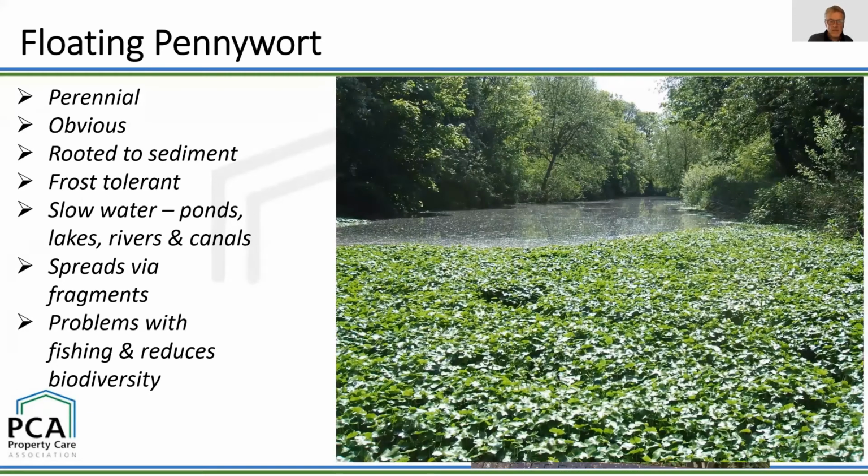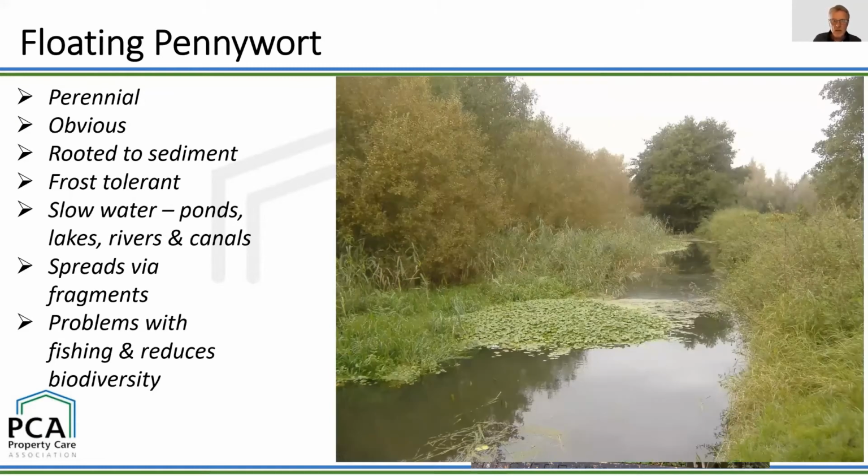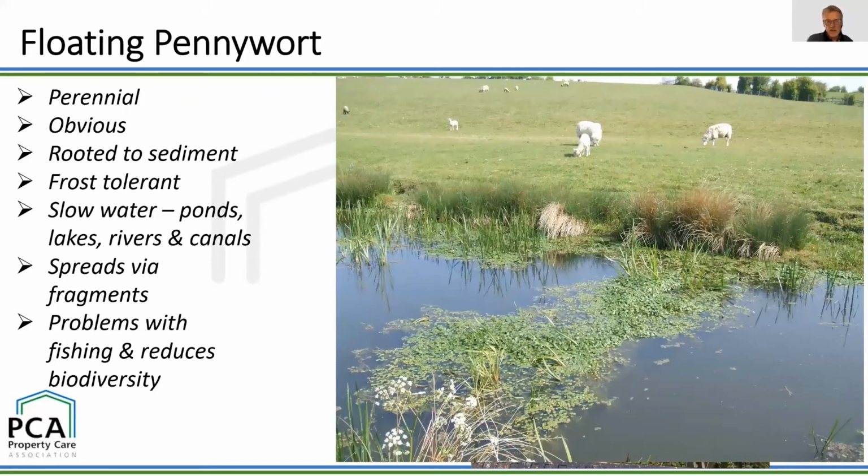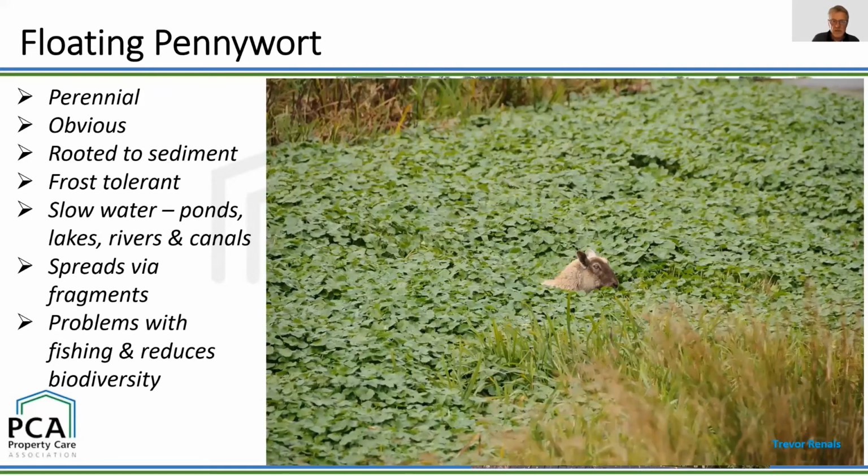And again, floating pennywort covering a lake along a river, another river near some livestock. And this can cause obvious issues with livestock. Here we have Trevor Reynolds' famous picture of the sheep stuck in floating pennywort.